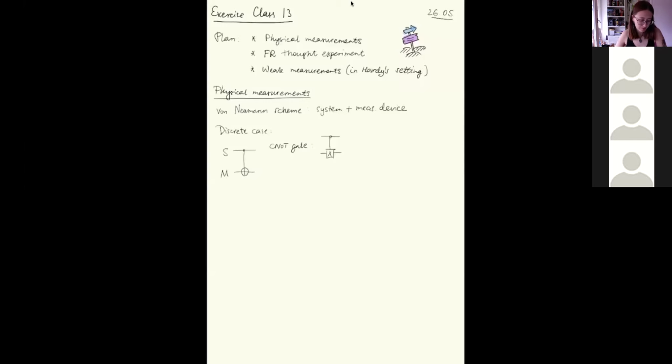So the CNOT gate is basically a controlled X gate. So if the state of the control qubit is 0, nothing happens to the controlled qubit M. If the state of the qubit S is 1, then the state of the qubit M is flipped.